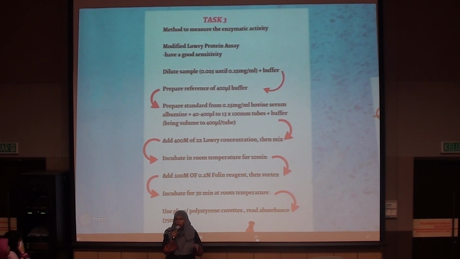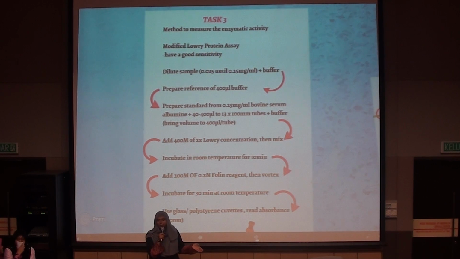For the sample, you should mix it with buffer, and make it 400 microliters per dilution. Just the same for the BSA standard: mix it with buffer, and you do the same, 400 microliters per dilution.